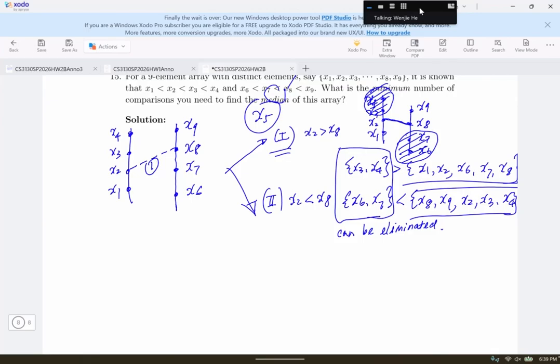But case 2, our diagram becomes like this.